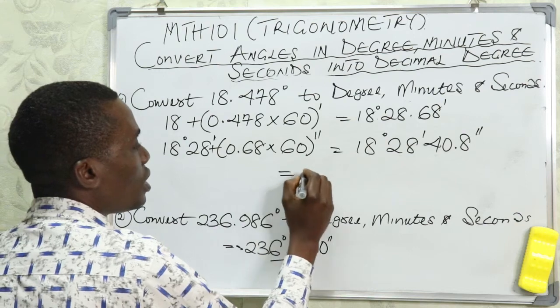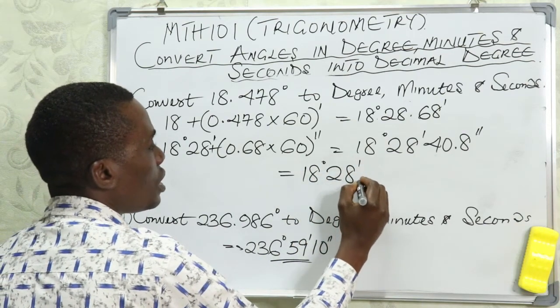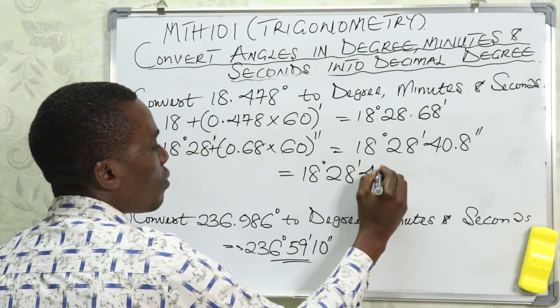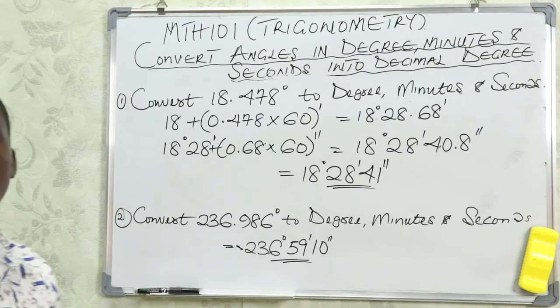So if we approximate it, we are going to have 18 degrees 28 minutes and 41 seconds. That's the solution we are going to arrive at.